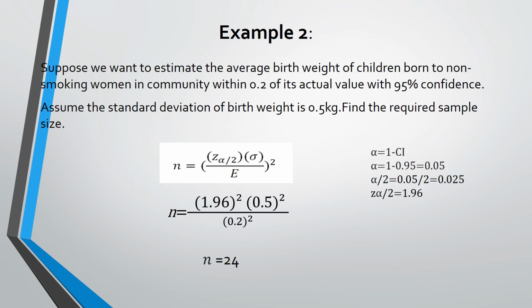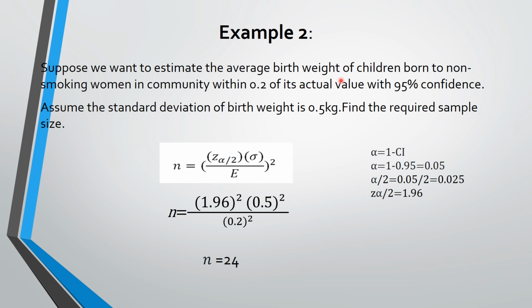Now this is an example of calculating sample size for population mean. This is another example. Suppose we want to estimate the average birth weight of children born to non-smoking women in a community within 0.2 of its actual value with 95% confidence. Assume the standard deviation of birth weight is 0.5 kg. Find the required sample size.